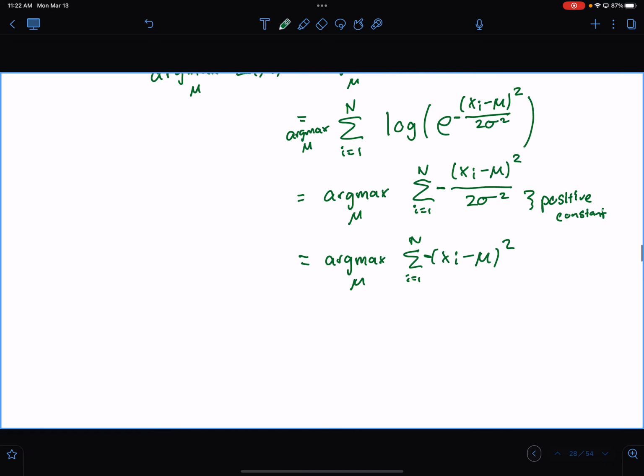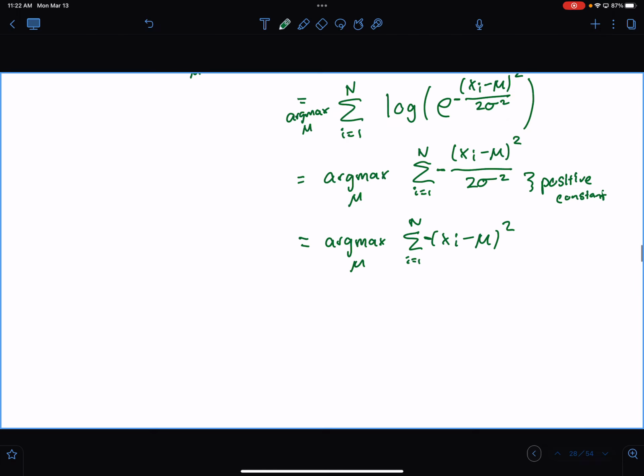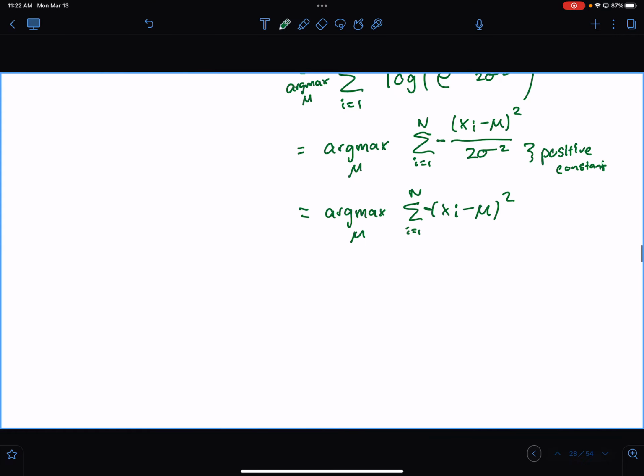So if you're trying to argmax a negative expression, that's the same as trying to minimize the negative of that expression, right? So you can write this as argmin over mu, i equals 1 to n, of xi minus mu squared. So we're trying to pick mu to minimize the sum of a bunch of these squared terms.